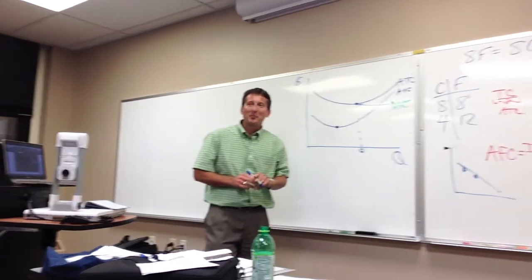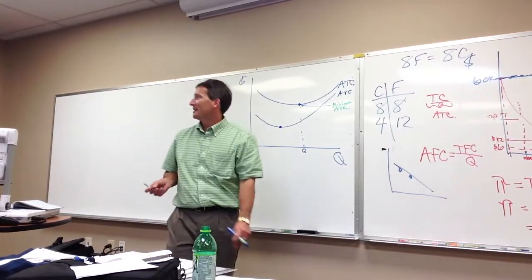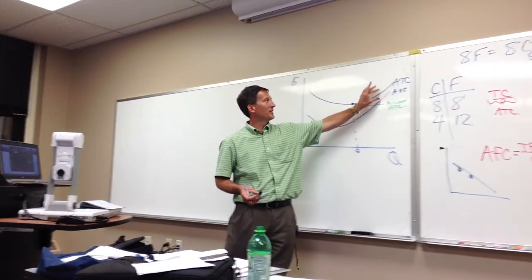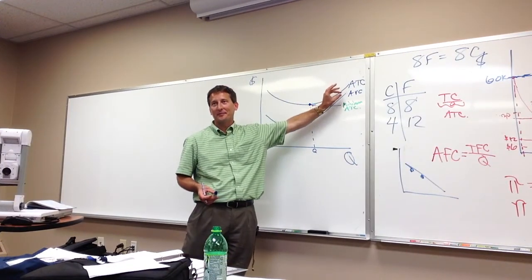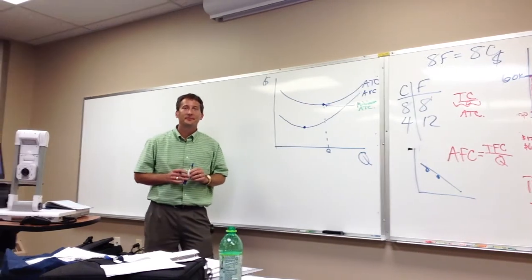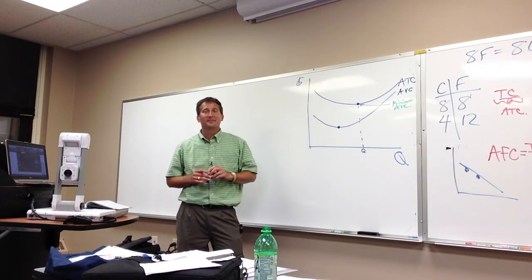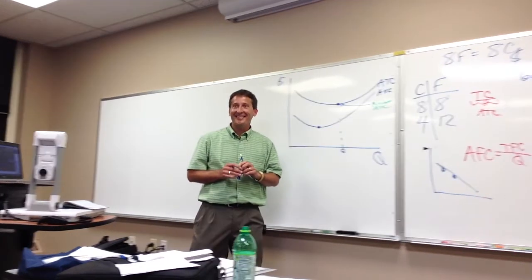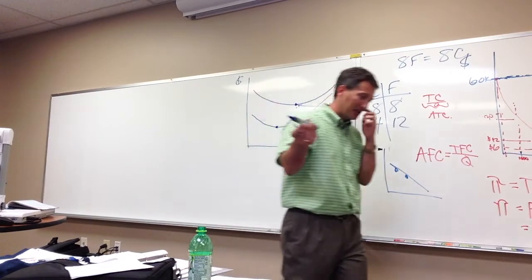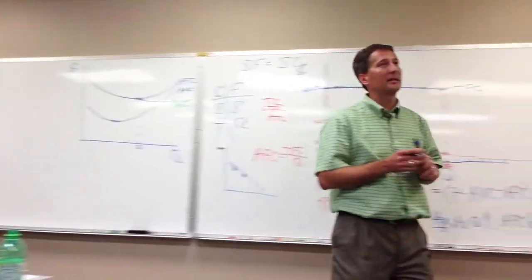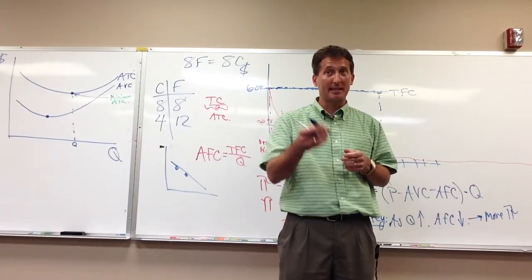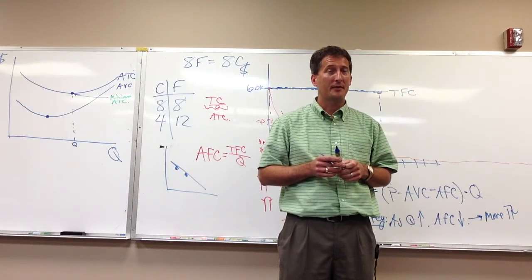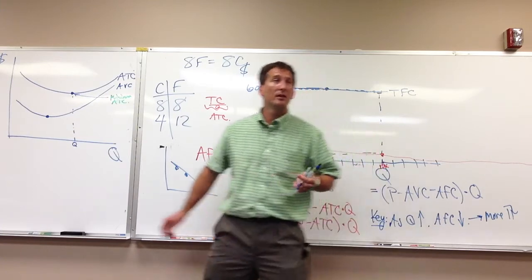So, for an extra credit point, why is this vertical distance narrowing? Good. That's part way there, but you're not at the meat of the answer. But the quantity's getting higher. That's part of it. Oh, Jesse?